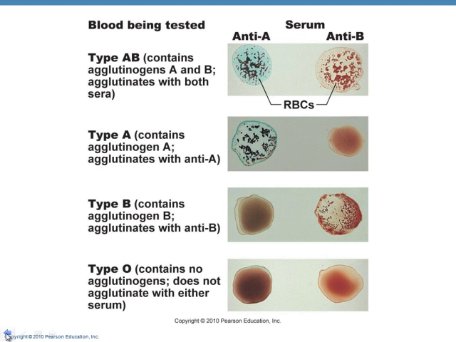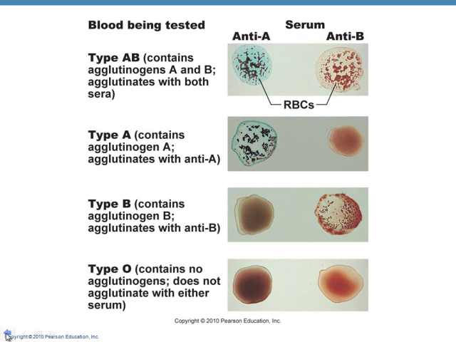You can then use those antibodies to figure out what blood type I have. So if I have type AB blood and I put anti-A antibodies from the sheep I picked on it, what's it going to do? It's going to clump. If I put anti-B antibodies on it, it's going to clump.